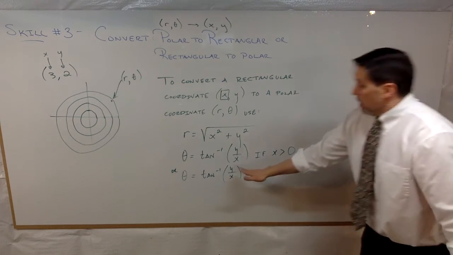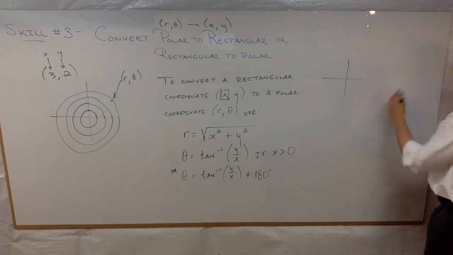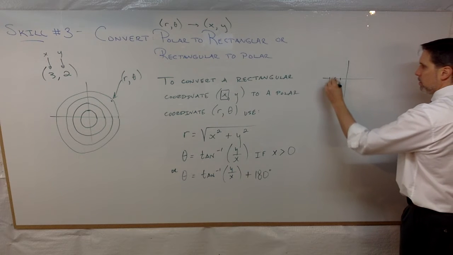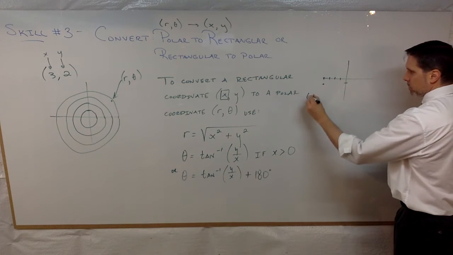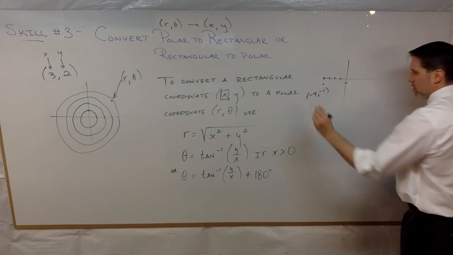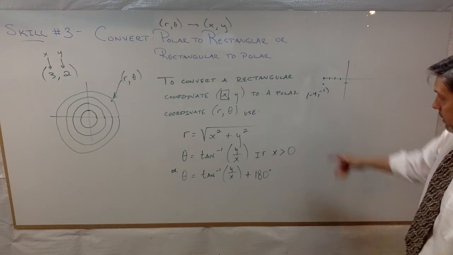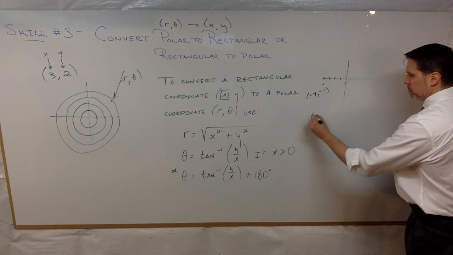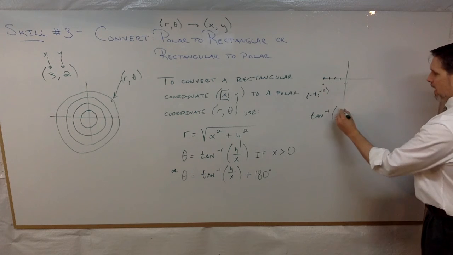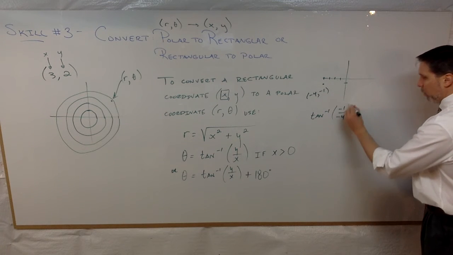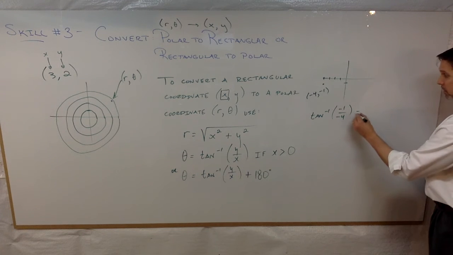So if you are in quadrant 3, for example, let me just give you a quadrant 3 point. So -4, -1. And you want to know what your theta is in polar coordinates. Well, if you just simply do the tangent inverse of y over x, -1 over -4, you can see immediately that becomes positive 1/4.